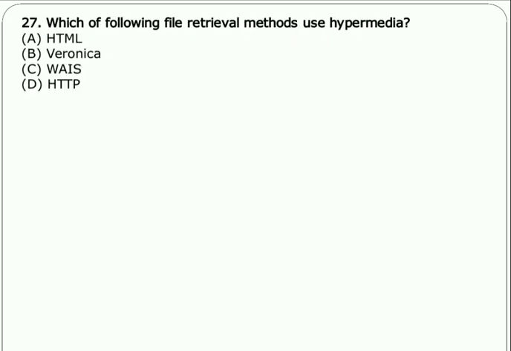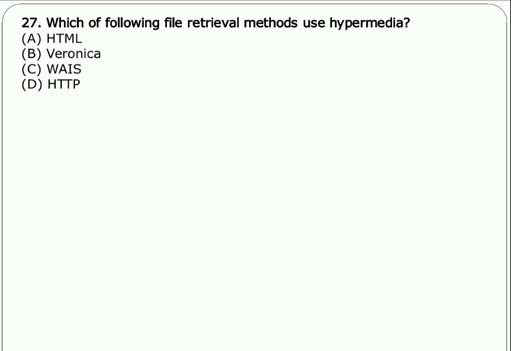Next one. Which of the following file retrieval methods use hypermedia? We know that we normally use HTTP, right? Hypertext Transfer Protocol. So whether you are browsing in a browser, for every link like https://www.google.com or https://www.facebook.com, it is supporting hypermedia.